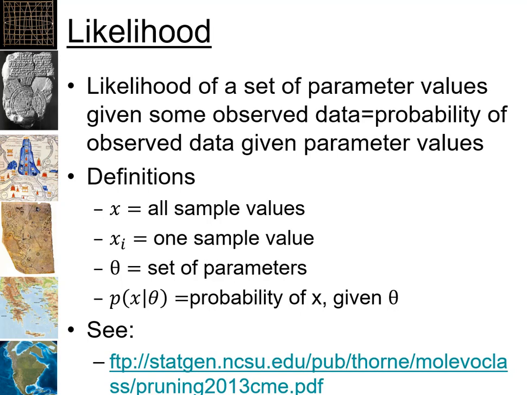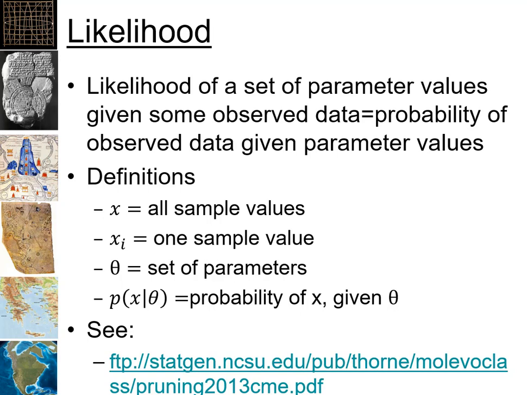The opposite of that is the probability of our observed data occurring given the parameter values. Now, that's kind of weird, but you can think of the likelihood as how likely our model is going to predict our data, or how likely our data fits our model. It's a simpler version of it.